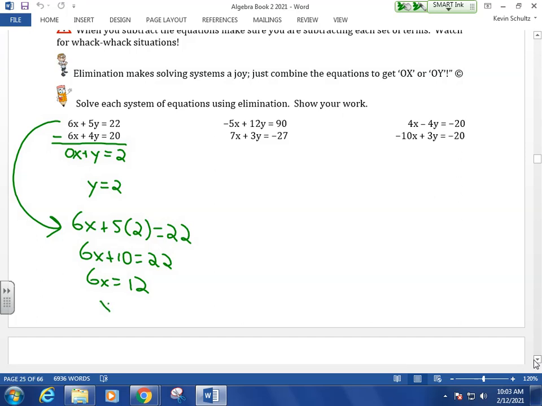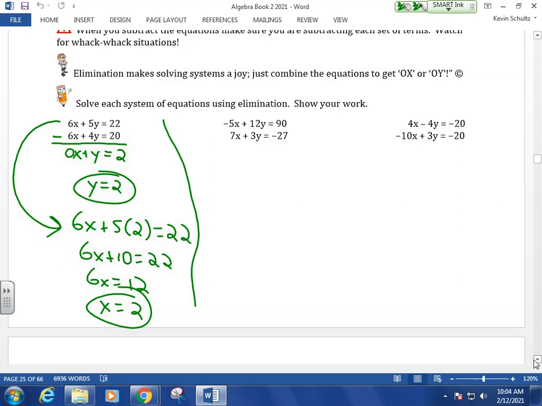And then finally, x equals 12 divided by 6, which is 2. Okay, so 2, 2. If we were to graph them, that's where these two lines would intersect, at 2, 2. And there we have it.